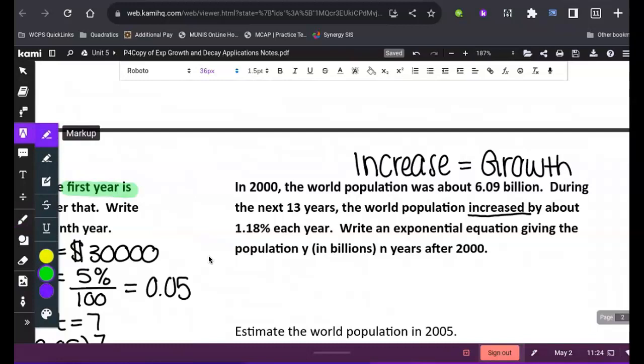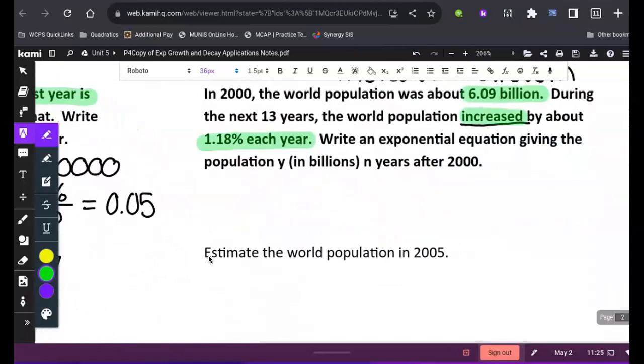So in 2000, the world population was 6.09 billion. During the next 13 years, the world population increased by about 1.8% each year. Write an exponential equation giving the population y n years after 2000. And then we're going to estimate the population in 2005.